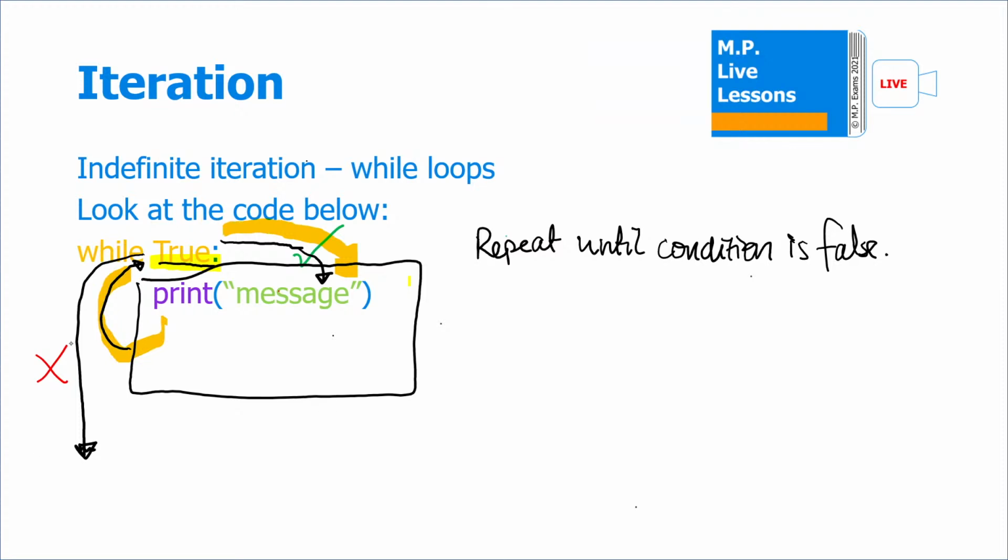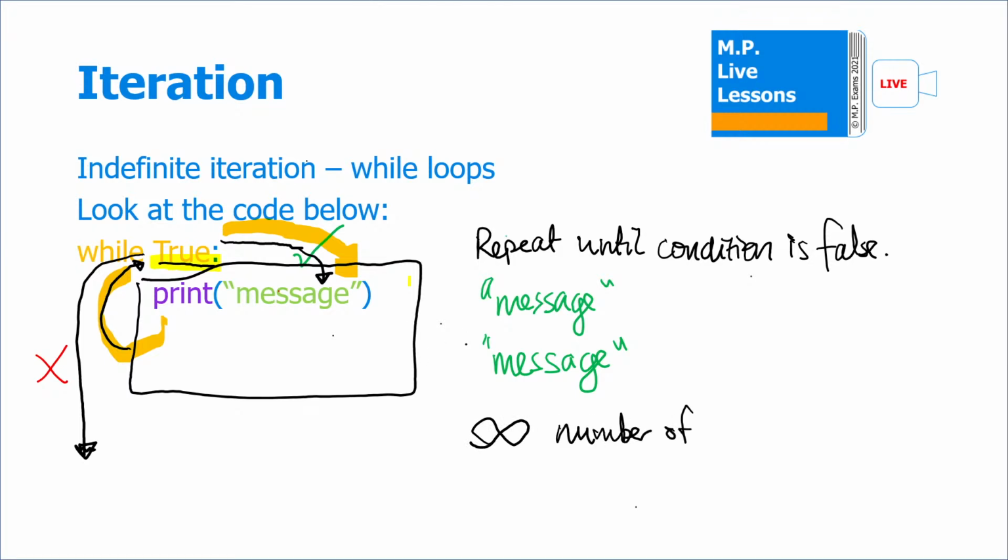So what we get, if you haven't noticed now, is an infinity loop. So if we put this into a program, this will continually print the string message on each line because it's repeated. And the reason why it's called indefinite iteration is because it's hard to tell when it will stop.